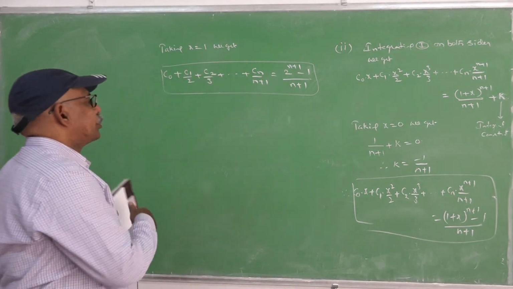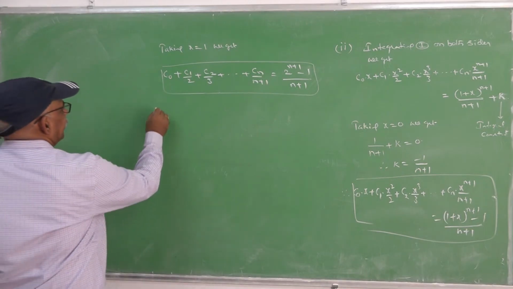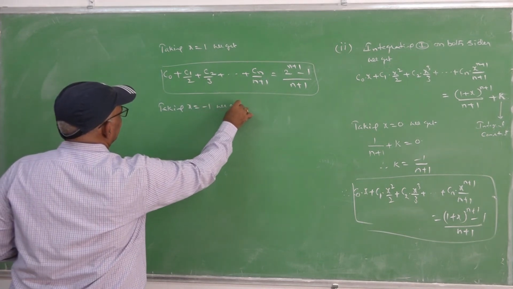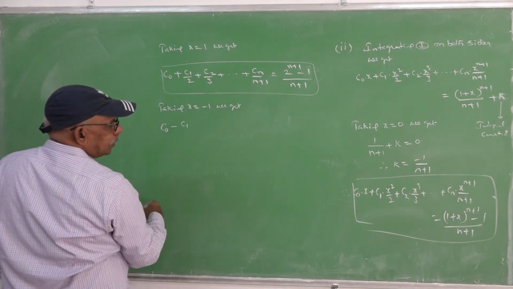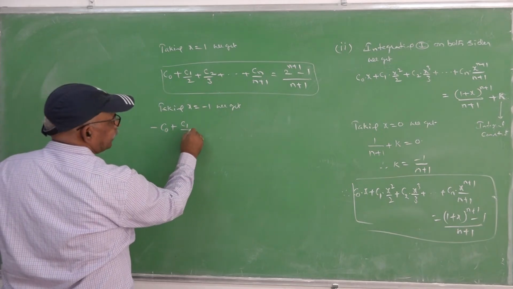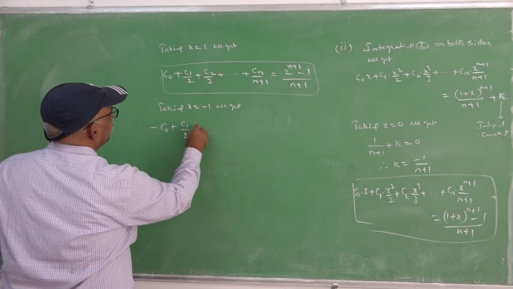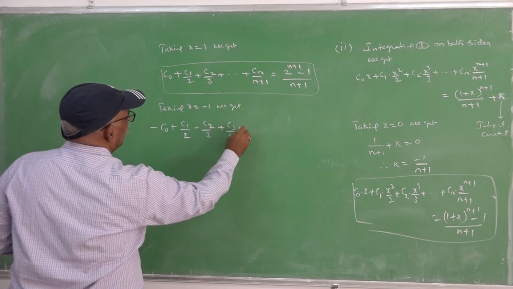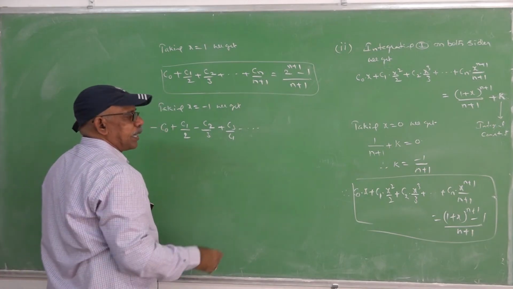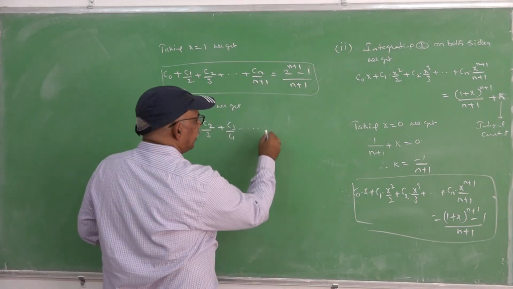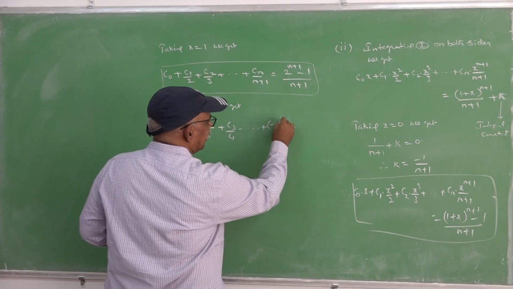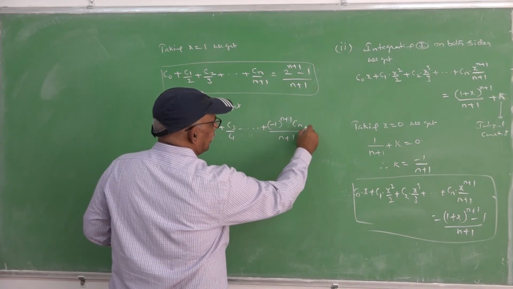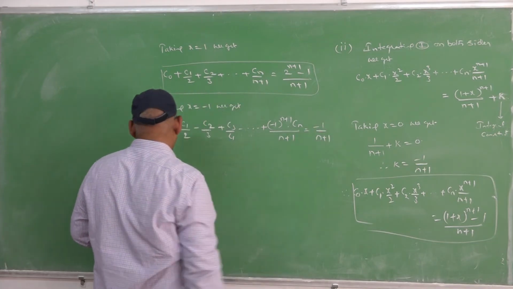Taking x equal to minus 1, we get another result. We get C0 minus C1 by 2 plus C2 by 3 minus C3 by 4 and so on, alternatively plus minus. Finally, we get minus 1 whole power n plus 1 into Cn by n plus 1 equal to minus 1 by n plus 1.